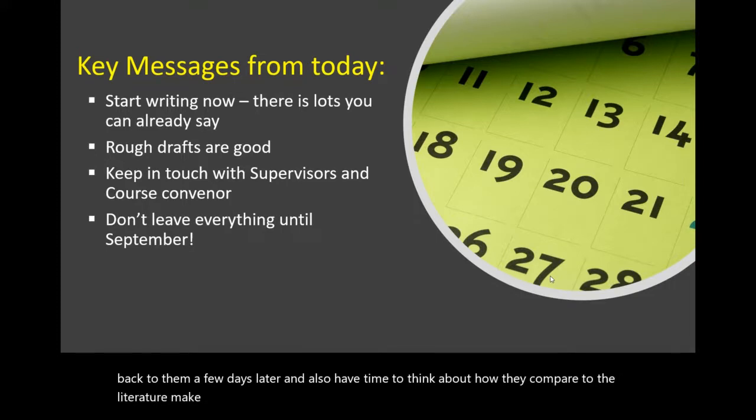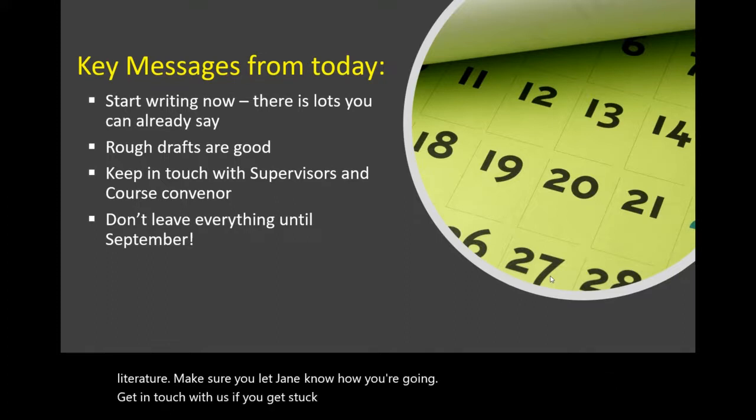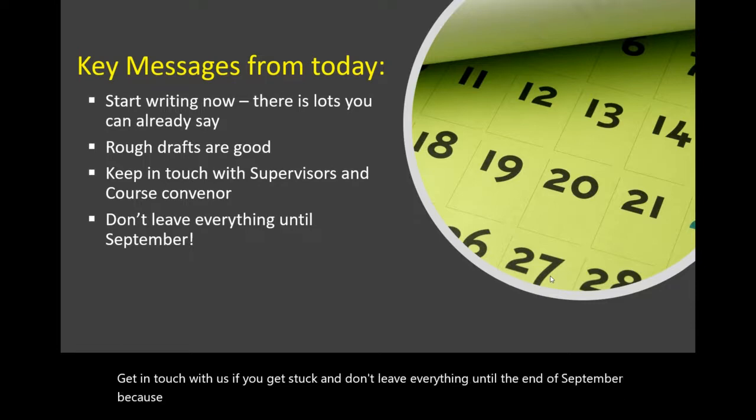Make sure you let Jane know how you're going. Get in touch with us if you get stuck, and don't leave everything until the end of September, because you know that on the 3rd of October your report will be due. So you need to get started now.